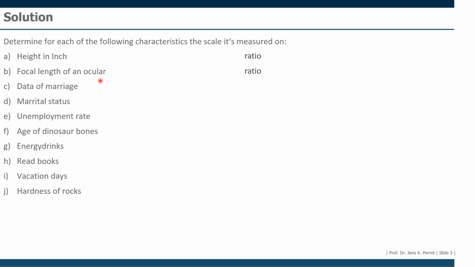Then we have the date of marriage. Dates always have a problem insofar as I can say, well, it's 2 years since this date, it's only like 8 days until we get to this day. But I do not have like a day 0, and I can say there is nothing beyond day 0.